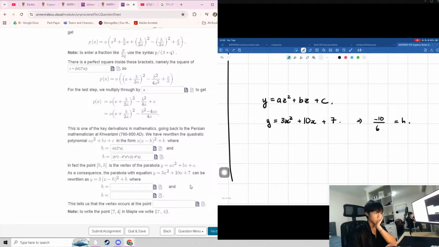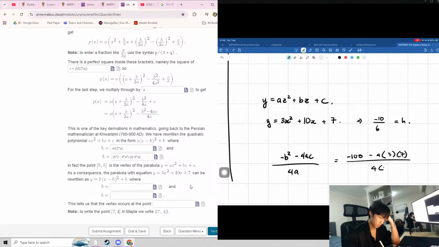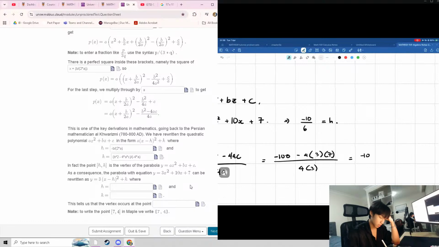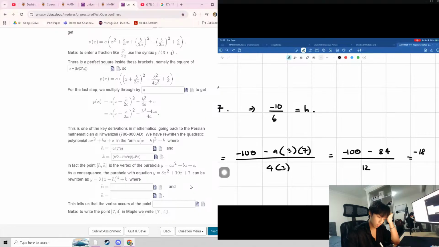And k is the discriminant. Minus 100 minus 4 times 3 times 7 over 4 times 3 is minus 100 minus 12 times 7 is 84 over 12, which is equal to minus 184 over 12.